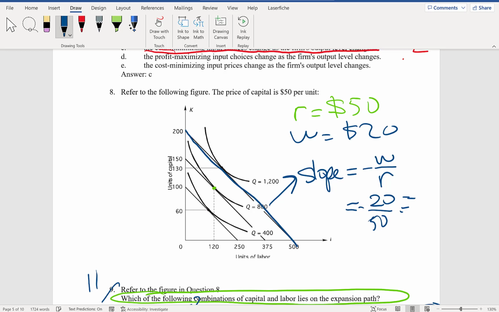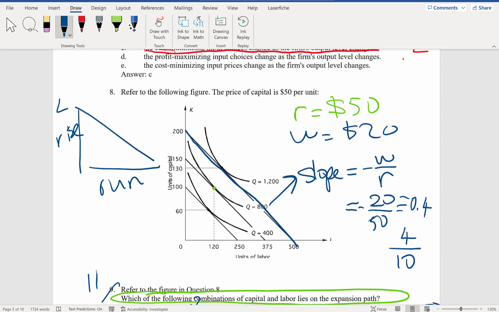It's going to be negative 0.4. So the proportion will always be 4 to 10. Remember, rise over run. So if this is 4 units, this is going to be 10 units.